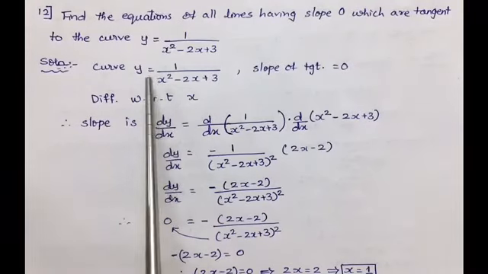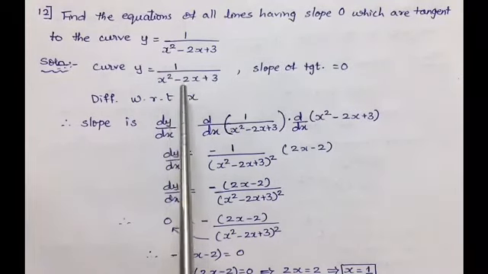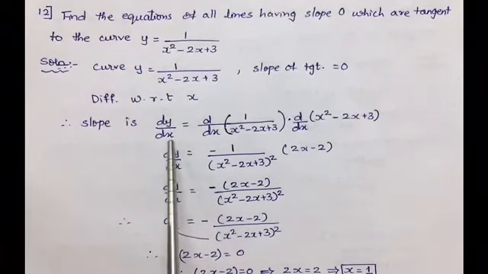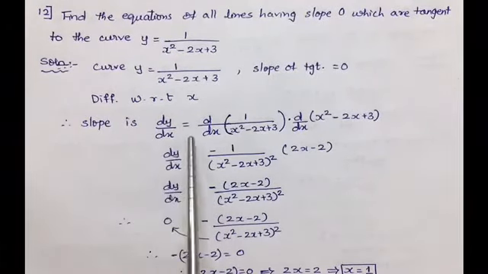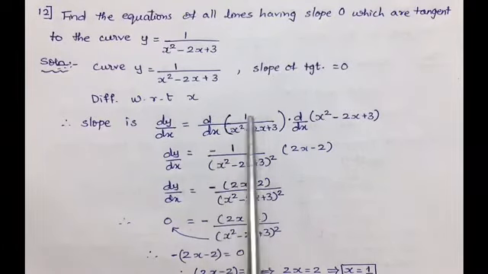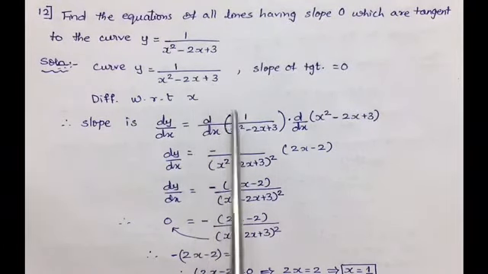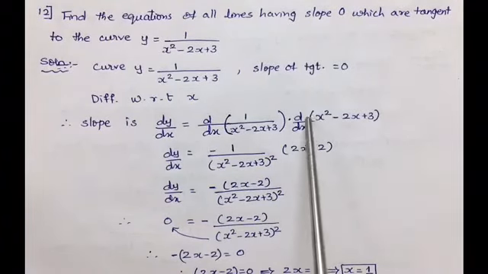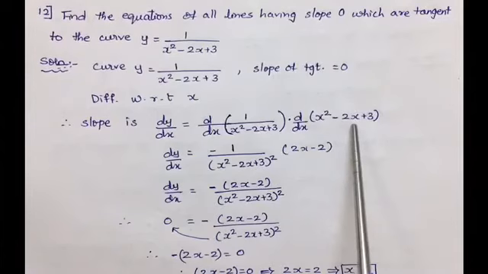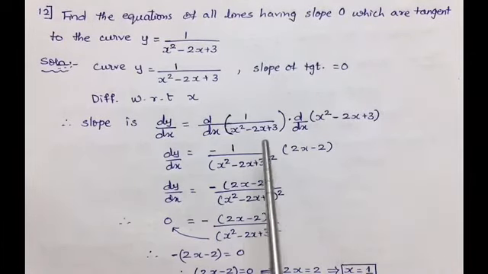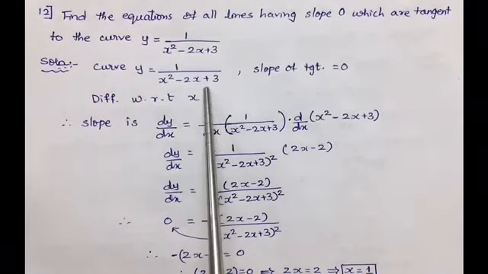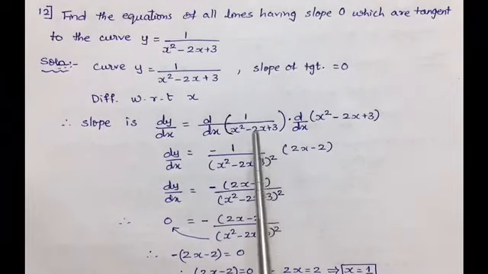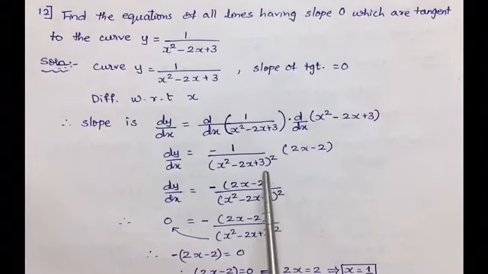So differentiating y equal to 1 upon x square minus 2x plus 3 with respect to x, we get dy by dx is equal to d by dx of the fraction first we have taken, with the help of chain rule, d by dx of x square minus 2x plus 3. You can make use of division rule here, but if you are doing it directly, the procedure will be little short.